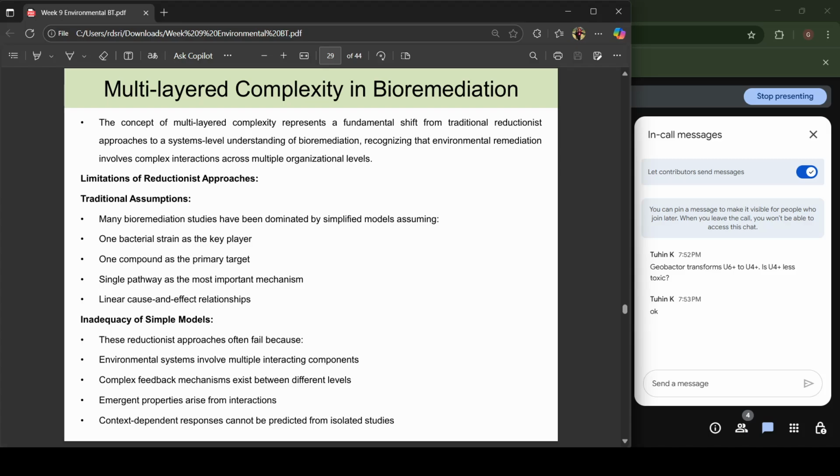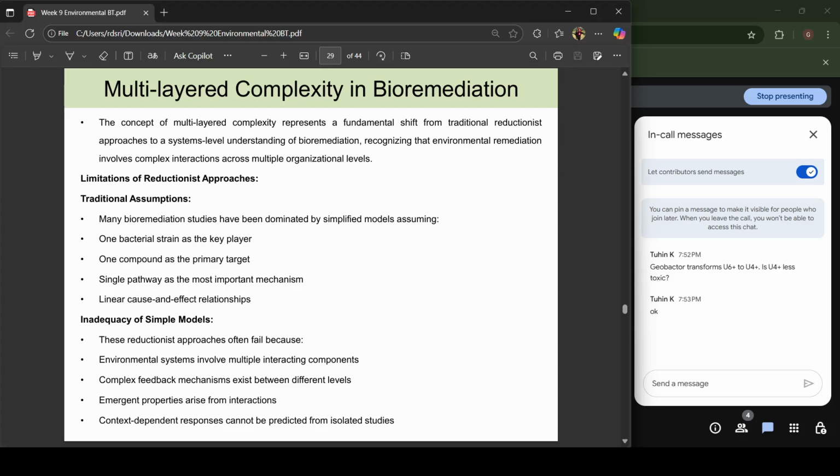We are building a linear cause and effect model. So we study the ecosystem, we fix that, okay, pollutant A is the primary target. If you are eliminating A, then the problem is solved, the pollution or the contamination is removed, or remediated.